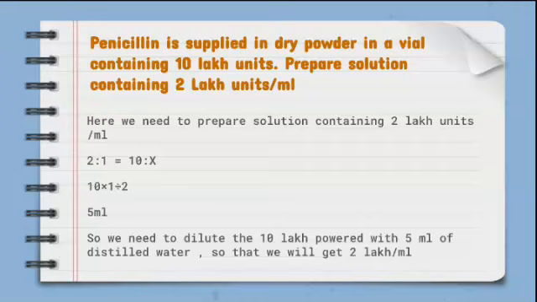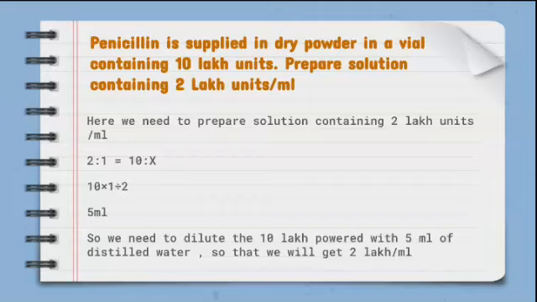So if you dilute this dry powder with 5 ml of distilled water, what happens? 1 ml becomes 2 lakh units. In this question, if they twist it and ask you to prepare 1 lakh unit per ml, what do you do?